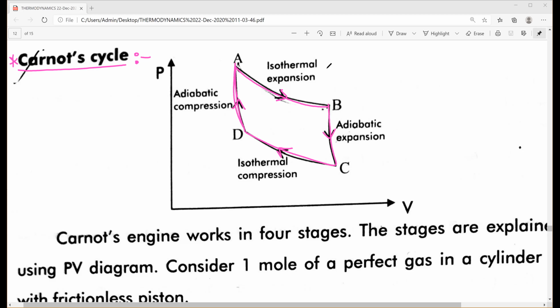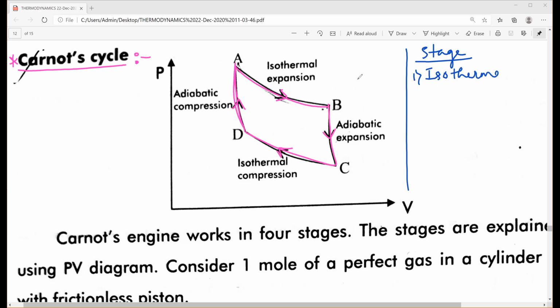So the Carnot cycle consists of 4 stages. The first one is isothermal expansion.